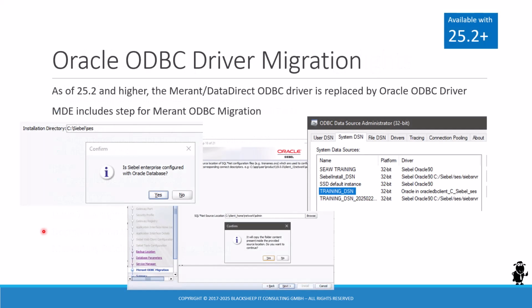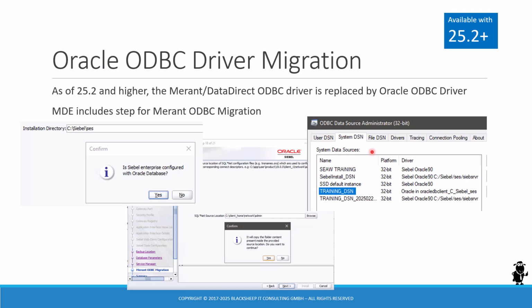So when you download the MDE, the Modular Deployment Engine, and you run the update on Windows, for example, you get a question: is Siebel Enterprise configured with Oracle database? And if you say yes, you're also prompted to provide the path to the TNS names, or it detects the TNS_ADMIN environment variable to locate the tnsnames.ora file, and it will then migrate your ODBC drivers.